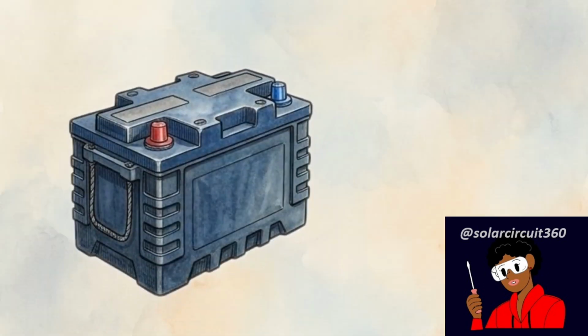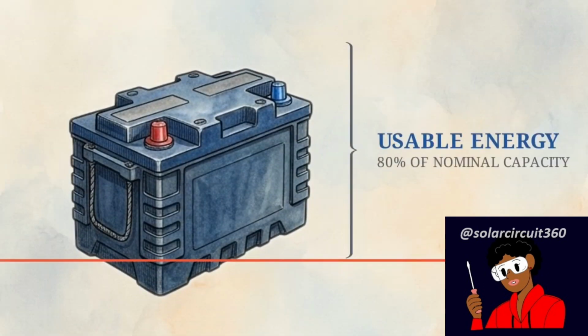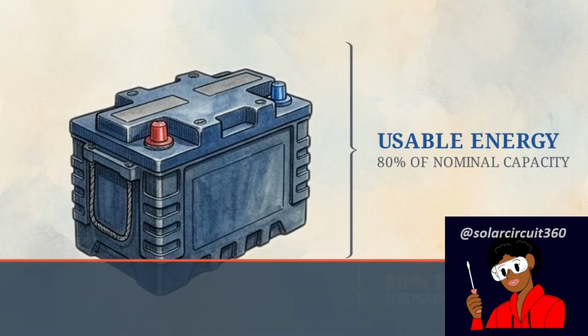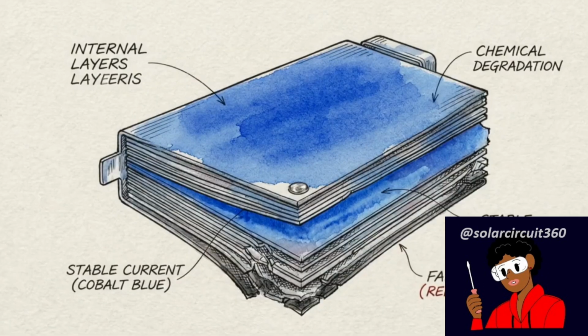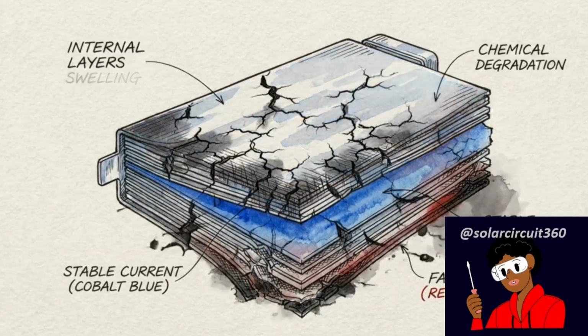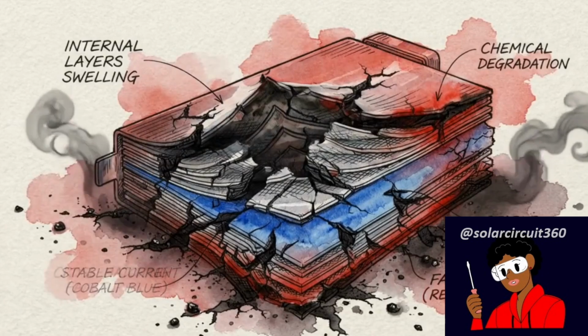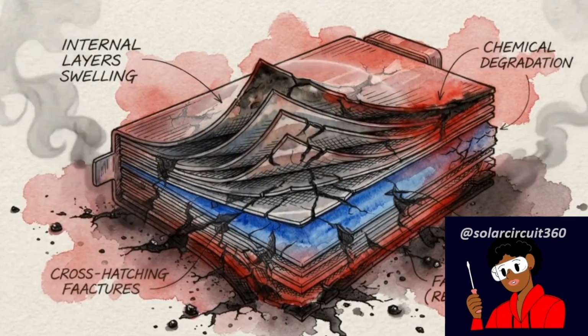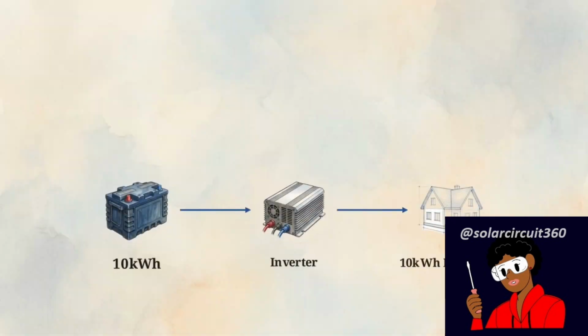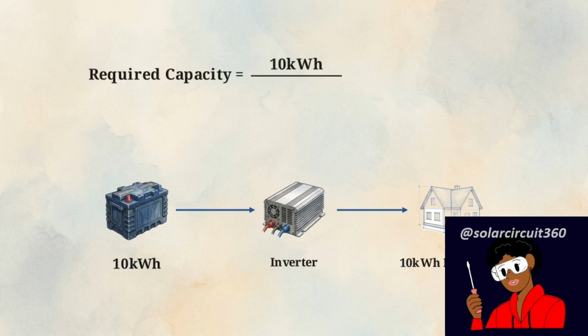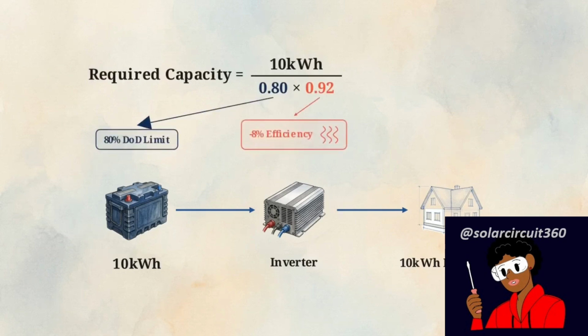We must also respect the depth of discharge limit for lithium iron phosphate batteries. This shaded area represents the 20% of capacity that must remain untouched to protect the cells. Consistently draining a lithium battery to absolute zero causes irreversible chemical degradation, leading to premature physical failure of the bank. The final battery sizing formula divides our daily load by the combined factors of depth of discharge and system efficiency.